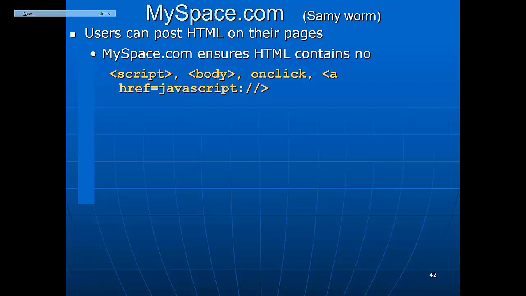Myspace.com, if those of you don't know, was a precursor to Facebook. It's not that popular. I don't even know if it's around anymore, if you want to know the truth. It was for a number of years being used by musicians, interestingly enough, for promoting, but I really don't know where that's at now. But anyways, this is a famous worm.